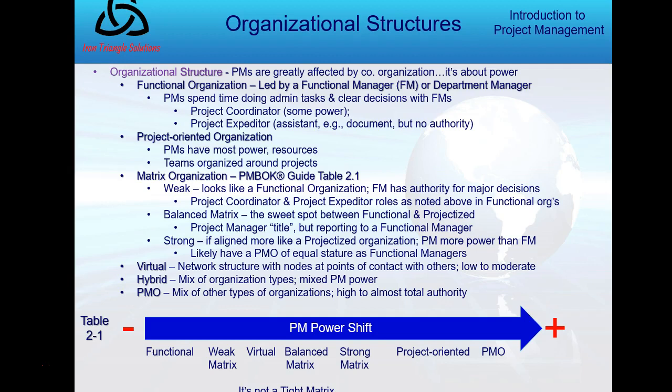The new PMBOK Guide adds virtual, hybrid, and PMO as organizational structures. And you'll notice in the definitions there the advantages and disadvantages for each. Also notice a matrix organization can be weak, balanced, or strong. And I kind of summarize what we're doing there.